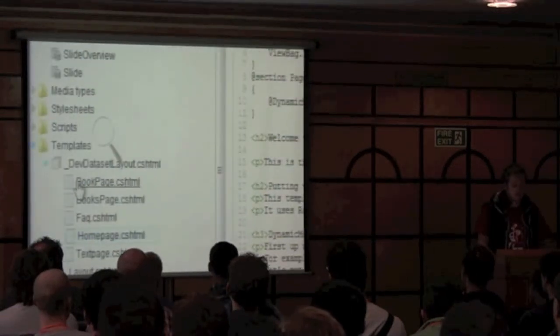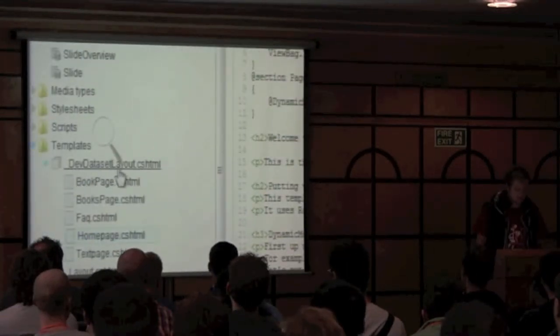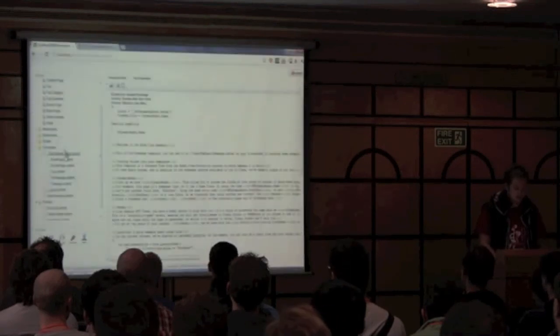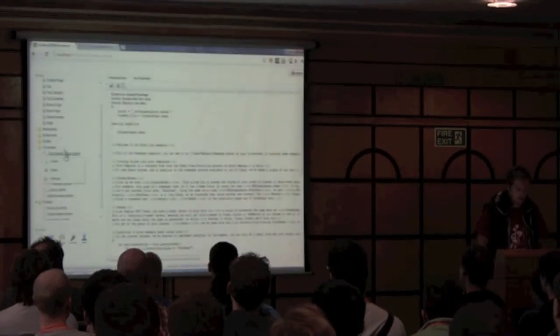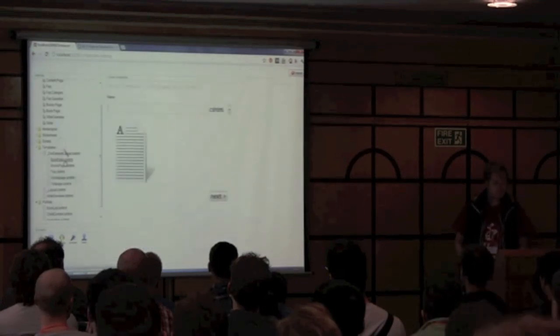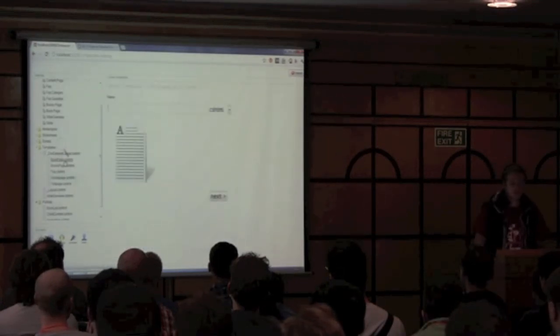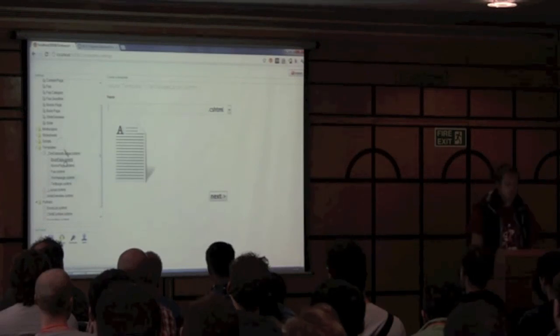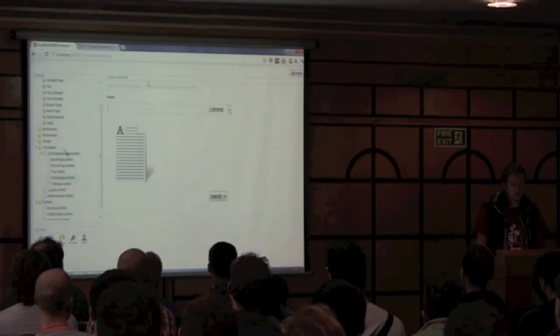Something that Matt's also worked on a lot, if I just zoom out real quick, is when you make a new view or template based on another layout, you'll see here I just right clicked on the dev dataset one and click create, and it's going to use the master one.